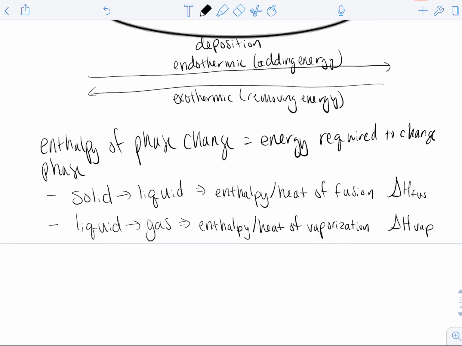Gas to liquid, it would be negative. And then we can go from a solid to a gas, and that'll be our enthalpy or heat of sublimation. So delta H sub.